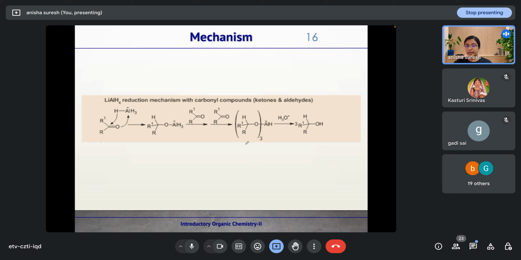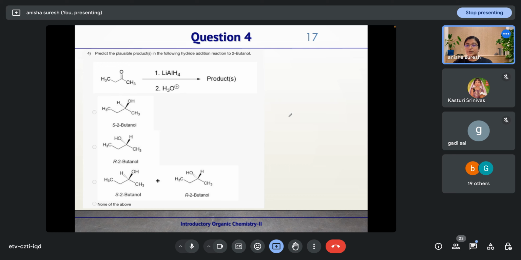So this will be the final intermediate. Then upon hydrolysis, it will result in the formation of this alcohol, 3 units of this alcohol. So the right answer is option C, that is mixture of both S-2-butanol and R-2-butanol. So this is clear, right?